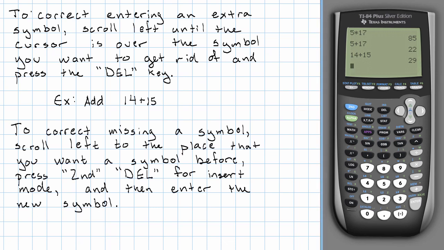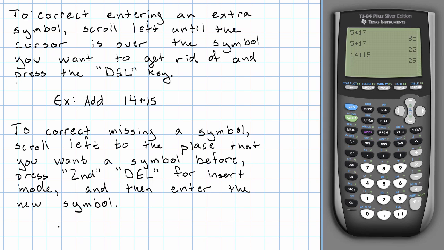To correct a missing symbol, we scroll left to the place that we want our symbol to come before, and then we press second, followed by the delete key. In little blue letters above delete, you see INS for insert. That puts us into insert mode.